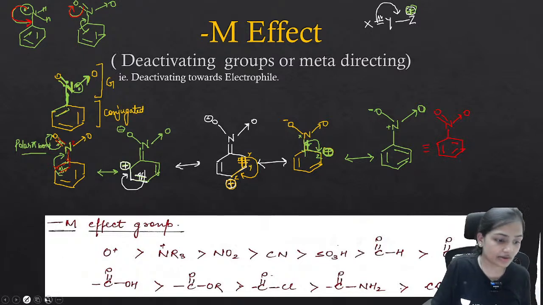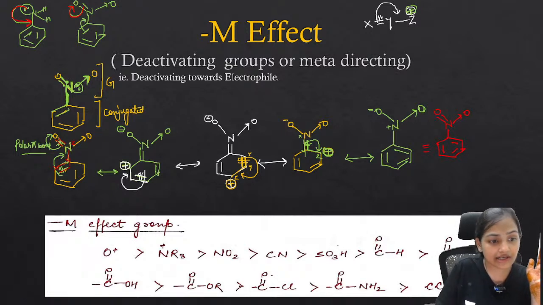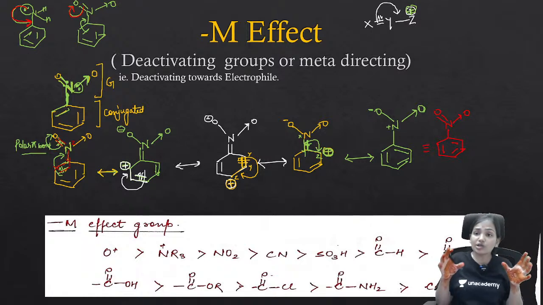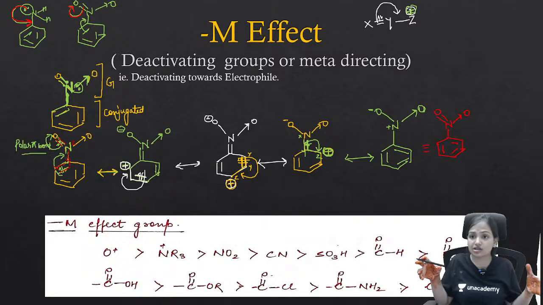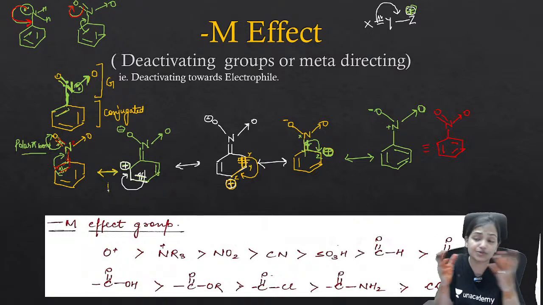So you understand the difference that I have shown by the double headed arrow. What does this double headed arrow say? That these are the resonating structures. Basically all the resonating structures are non-real structures. The real structure actually lies in between, which we can't see and can't draw.